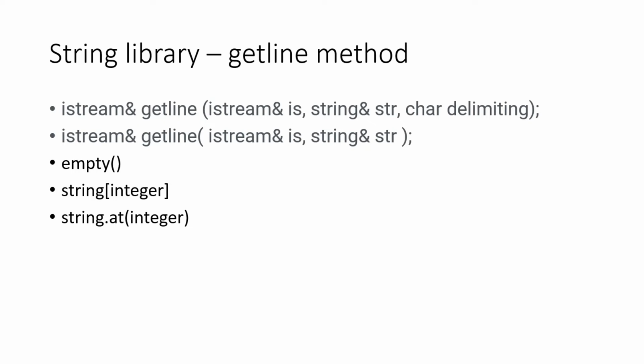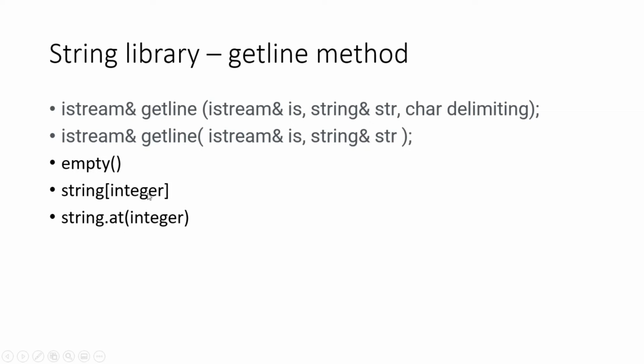If you go back to when we initially started talking about strings, I said string is built on C characters. It's a bunch of characters together, and each one of those characters can be accessed via string with square brackets and a number, or the string.at method.